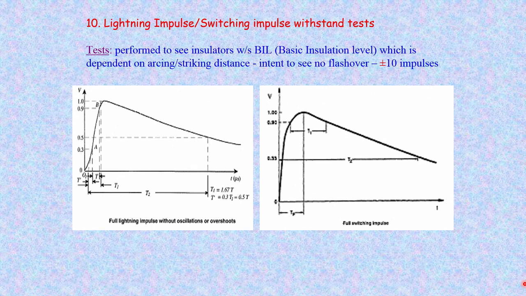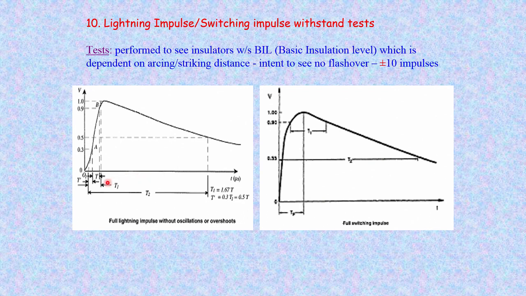These tests are performed to see whether the insulator string, for example, will withstand the basic insulation level which is provided. Again, the basic insulation level depends on the voltage level at which it is operated, and on the arcing or striking distance. The main intent is to see that there is no flashover, particularly when applying either a lightning impulse or a switching impulse.